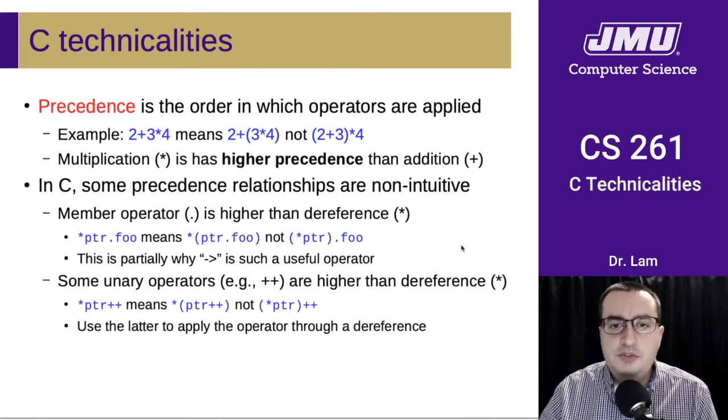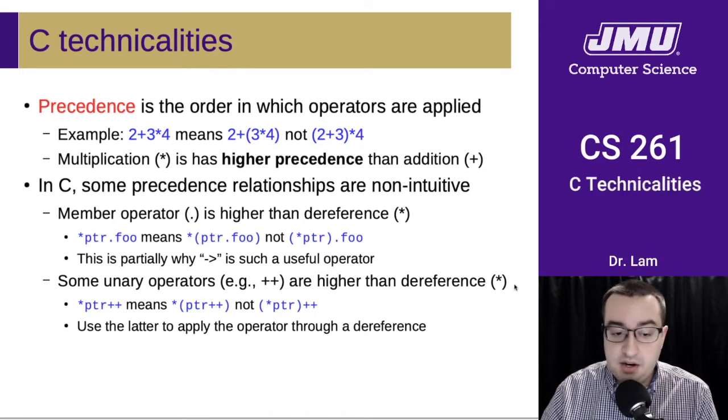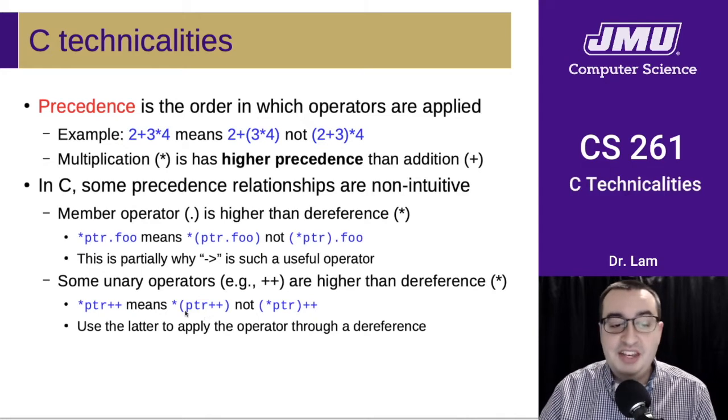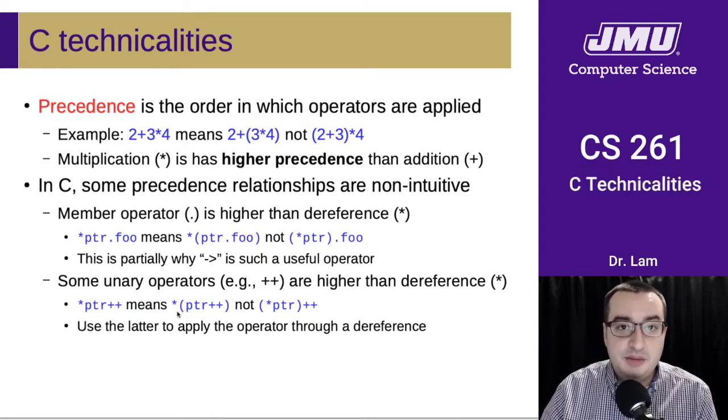Another place where this kind of trips people up sometimes is that some of the unary operators, so the plus plus, for instance, the increment operator is also higher than dereference. So for instance, if we wanted to increment a thing that we have a pointer to, we might be tempted to write this here, so *pointer++, but this actually means increment the pointer and then dereference that incremented pointer, not increment the thing that the pointer is pointing to.